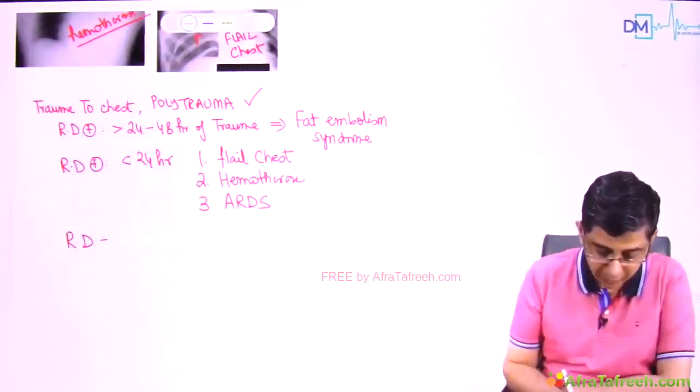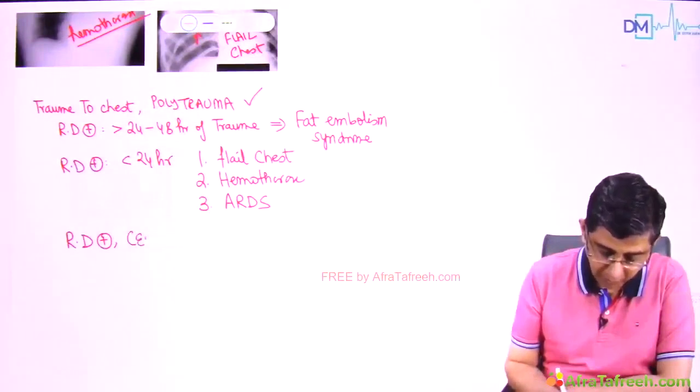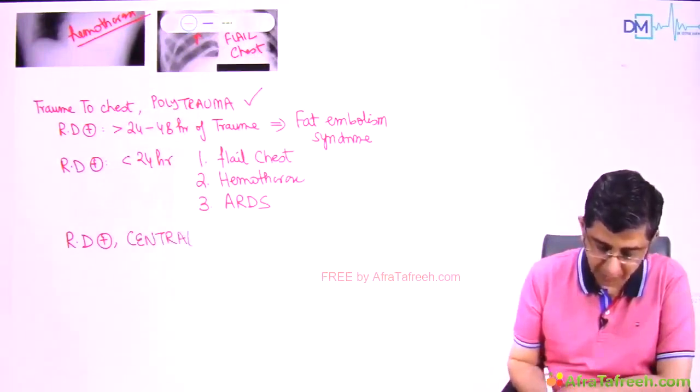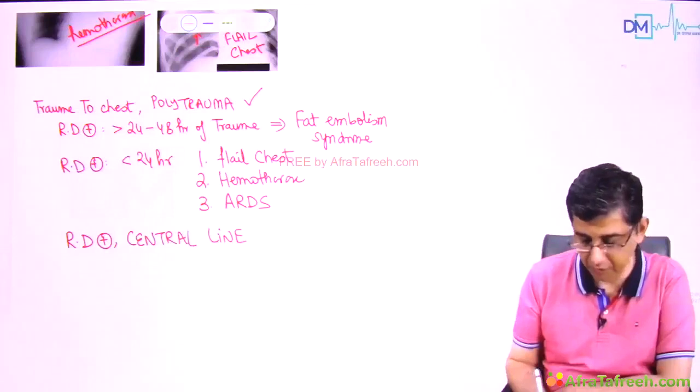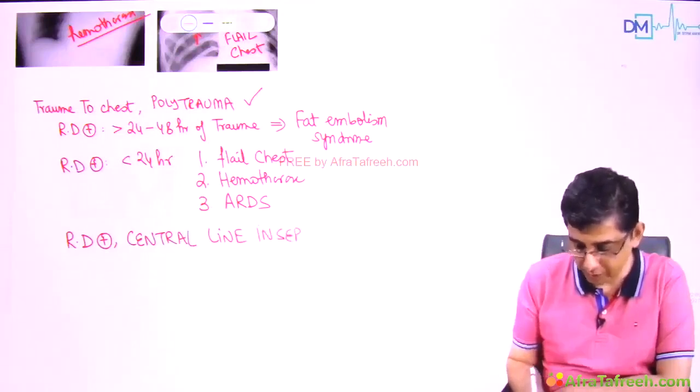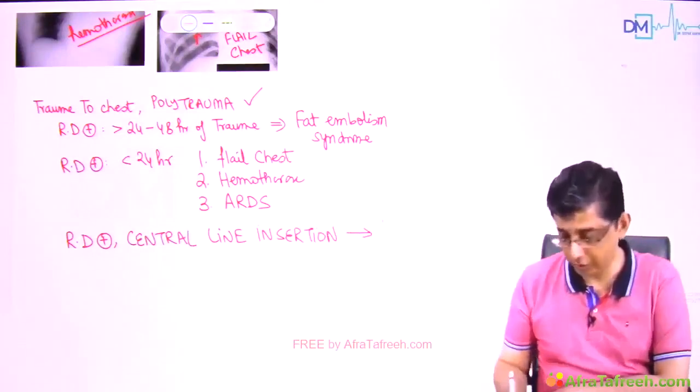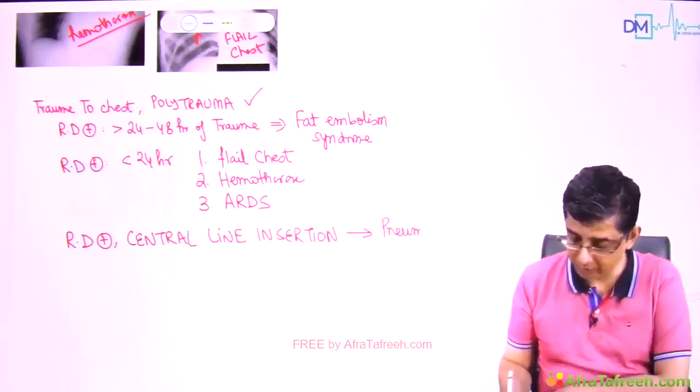If respiratory distress is present after a central line insertion, the preferred site for central line is the subclavian vein, where it meets with the superior vena cava. Respiratory distress present in a patient after central line insertion, then the diagnosis is to be thought of as pneumothorax.